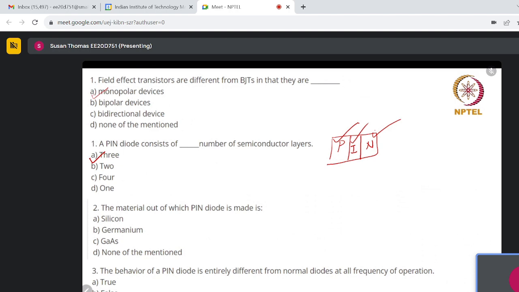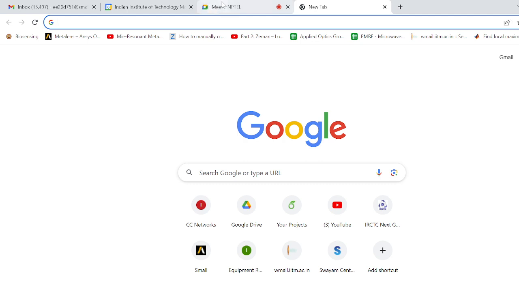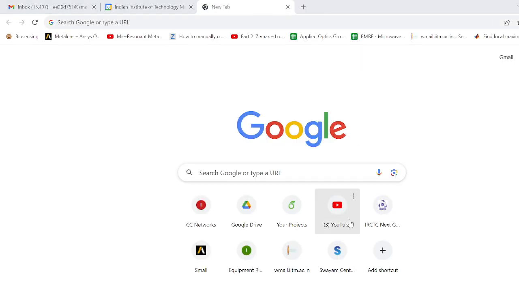Now, coming to the next question, material out of which the pin diode is made of? Is there a question?